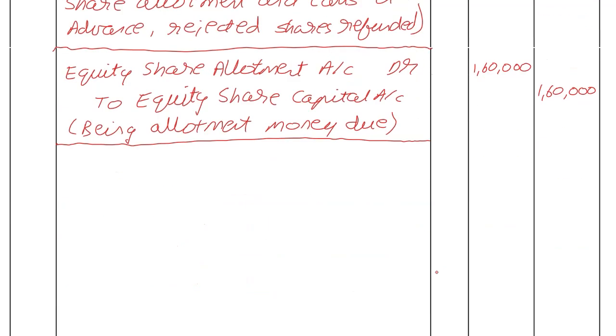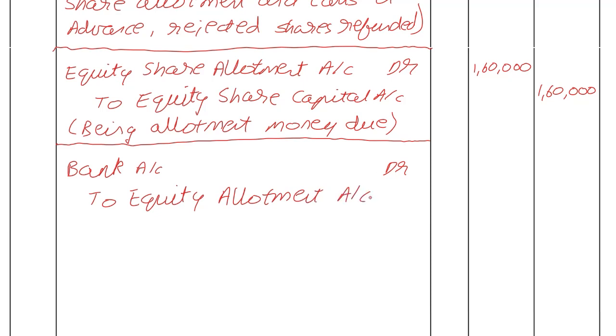And now we receive whatever money we have to receive. So it's going to be bank account debit to equity share allotment account. Remember, we directly credited equity share allotment account at the time of the previous entry. When we did the transfer, we did not put the allotment money into calls in advance. Be very careful not to make such mistakes.